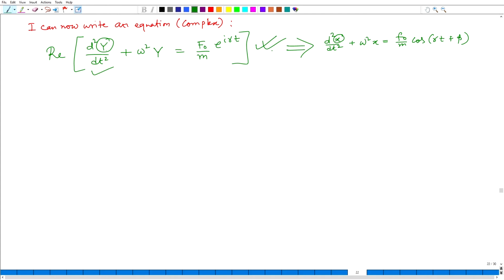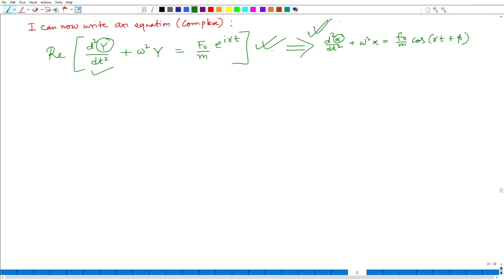So, what is the strategy? Once again, I design a differential equation with complex variable y in such a way that if you take the real part from both sides of the differential equation, then you will actually have the same equation as that of the real equation we tried to solve. Now, one should understand at this point that in this situation we are trying to solve this for the specific case gamma is equal to omega.